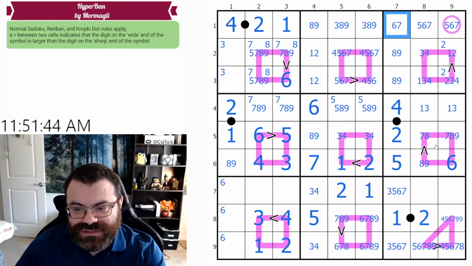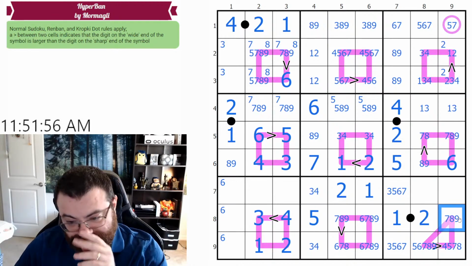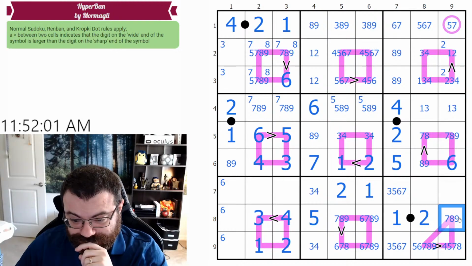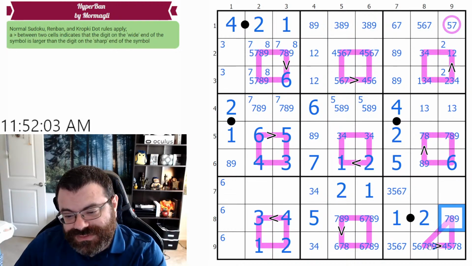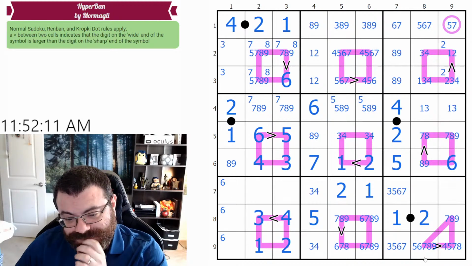This 5 looks up. The 6 looks up. The 6 looks down. This is not a 4 or a 5. I don't think this can be 5, 6, 7. Oh no, it could be. Never mind.